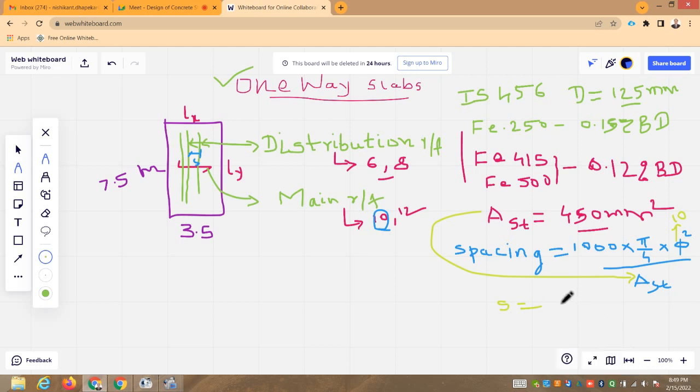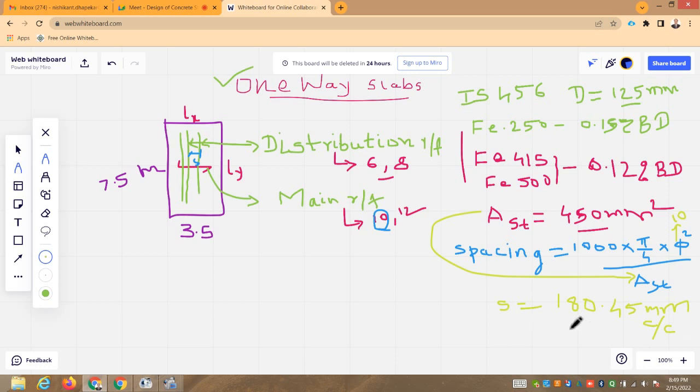It is coming 180.45 millimeters, center to center.